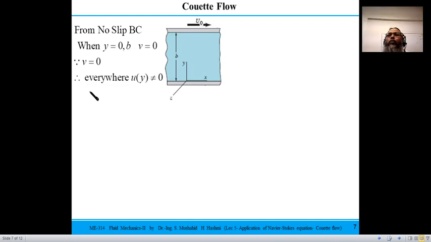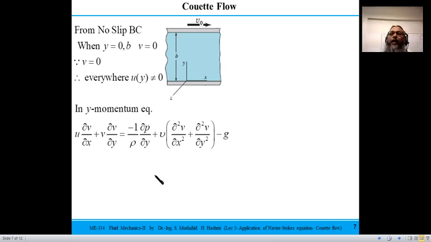So we conclude that the velocity component in x, which is a function of y, is non-zero. It means there is a velocity variation taking place in the y direction for the x component of the velocity. The y component is 0 at the bottom plate as well as the top plate.